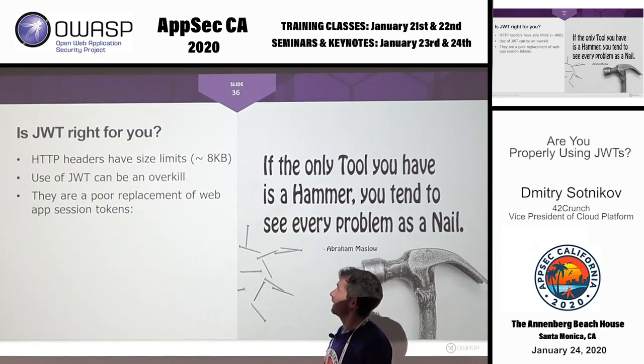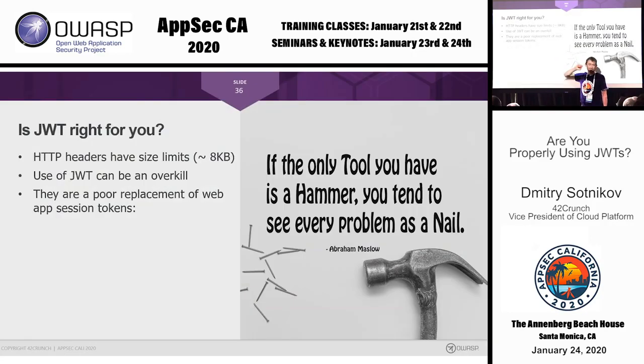For example, I've seen a lot of web applications now starting to use tokens as a cookie. Can be an overkill. Maybe if you're doing web application development, it might not be the right tool for you because it's much larger. And in most cases, remember that the idea behind the tokens is that you have the state in the token, so you don't have to do database reads or whatnot.